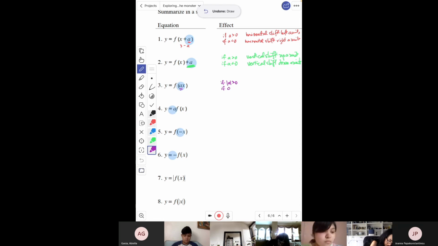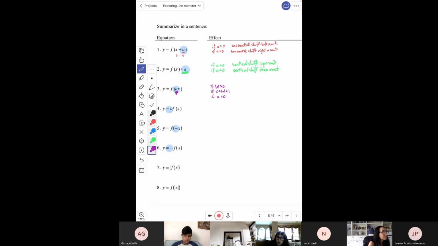Let's take that into consideration. And then what if A is negative? Can you tell me what's happening in each of these instances? If A is a positive number, if I'm multiplying my input X by a positive number, how is that impacting the graph?